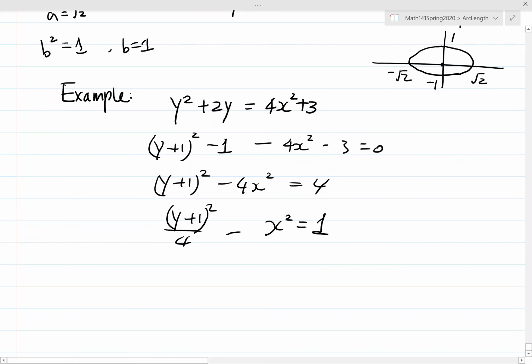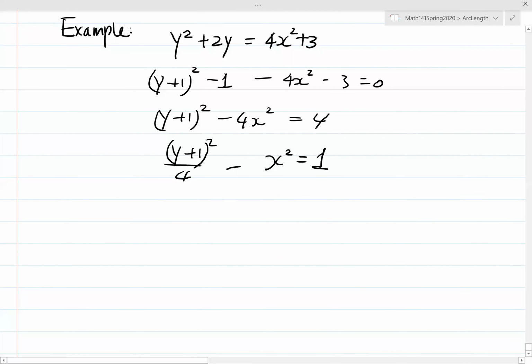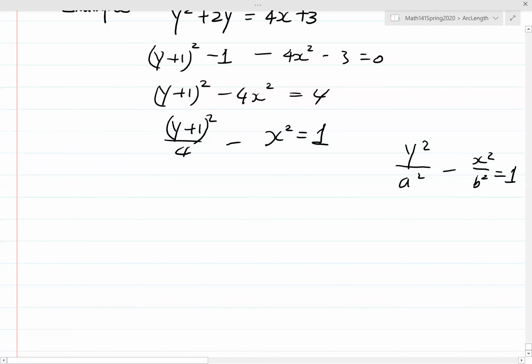So this looks like y squared over a squared minus x squared over b squared is 1. So this is a hyperbola, centered at not 0.